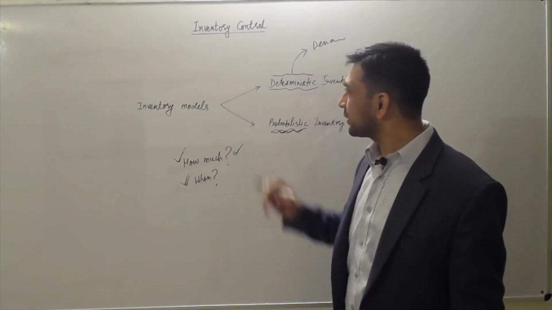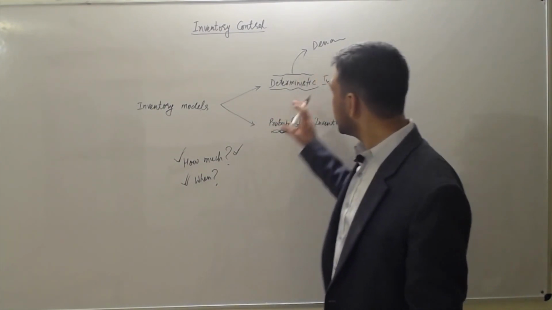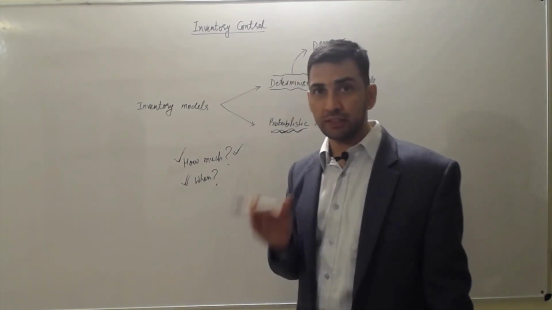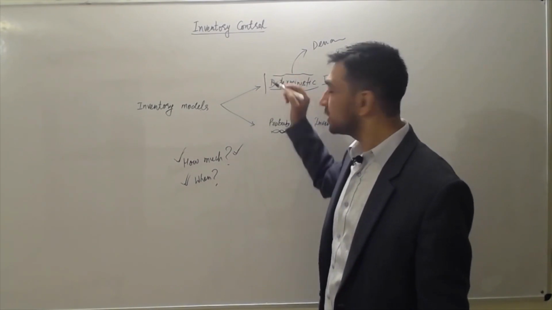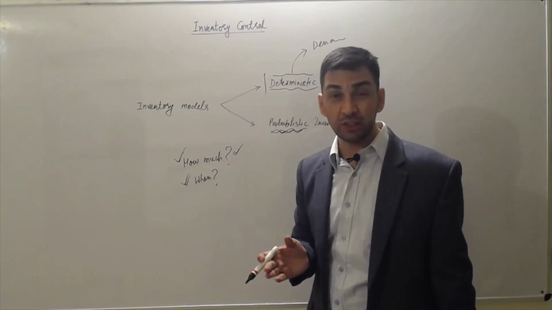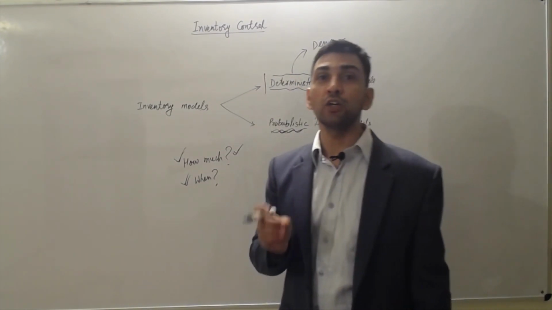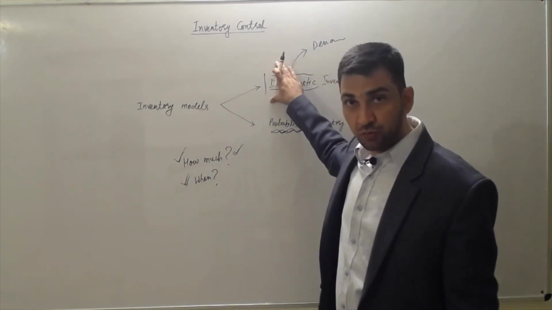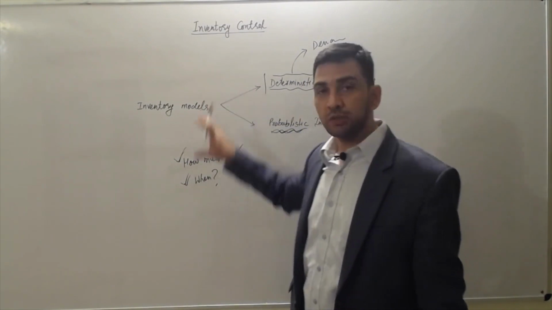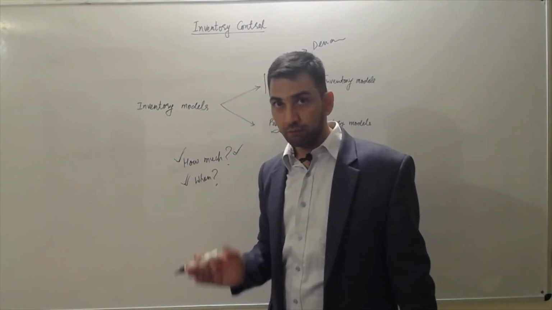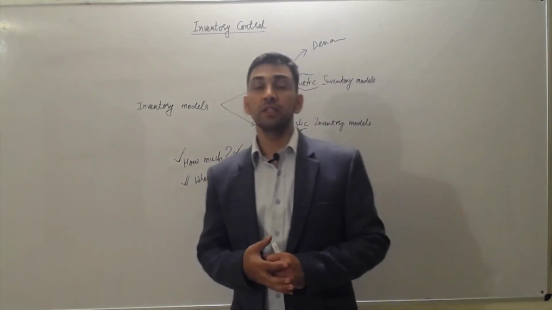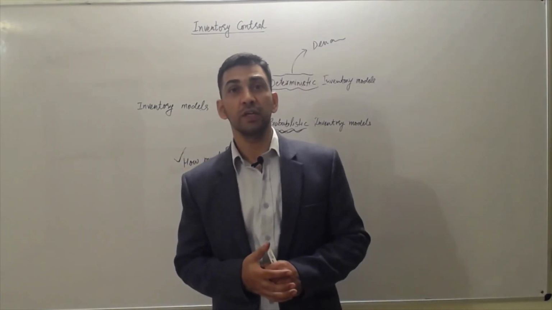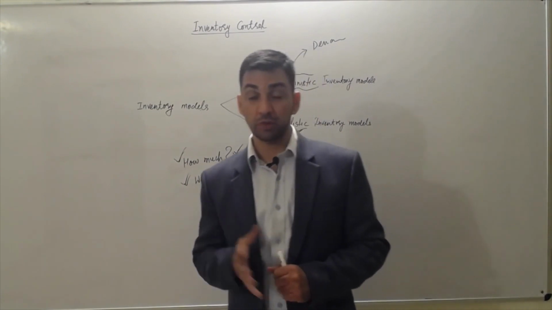So we are going to discuss these two mathematical models. From the engineering services perspective, last year the question was framed from the deterministic model, a very basic deterministic model called the economic order quantity model. We will discuss that model in the next video, but this forms the basis for it. So whatever we discuss in this video is very important from the engineering services general studies paper perspective.